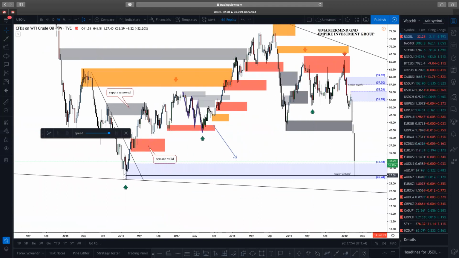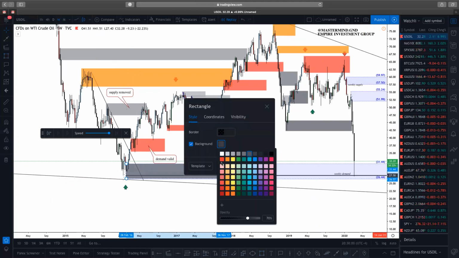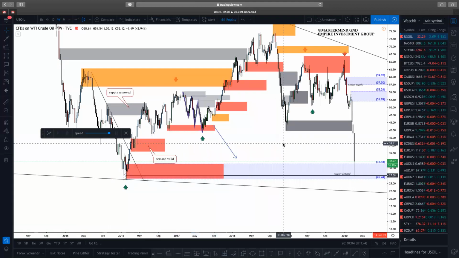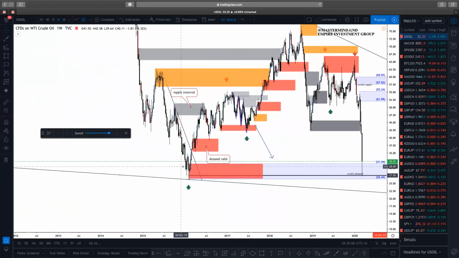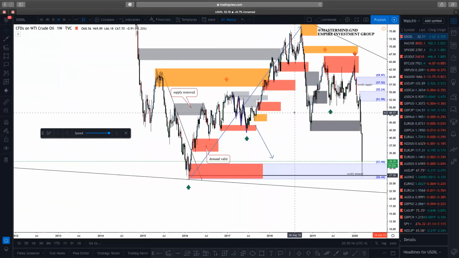This zone removed a lot of supply, because when the price did this drop base rally, it rallied from here all the way up to here. That's how far it went, removing several supply zones.